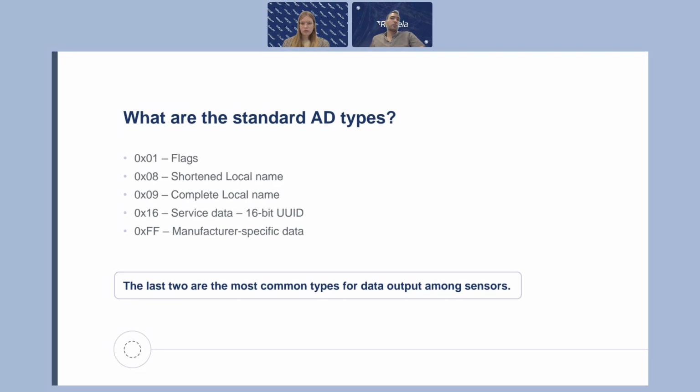Type 0x09 represents the complete local name, and 0x16 represents the service data using a 16-bit UUID. Also, type 0xFF, as mentioned in the slide, represents the manufacturer-specific data. In real telematics integrations, the last two types are especially important because most manufacturers place their actual sensor values in these fields. Understanding these advertisement data types helps engineers decode the BLE advertisement much more efficiently.